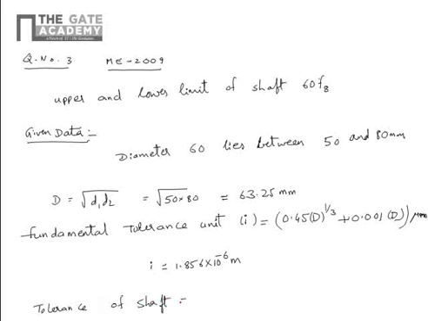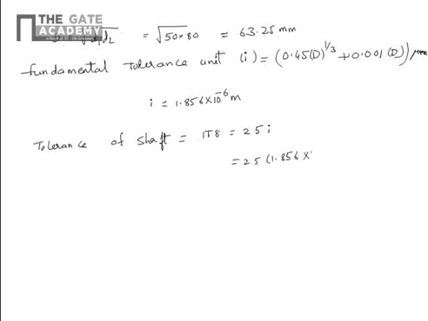So 25 into I value, 1.856 into 10 power minus 6. So you will get the value 46.4 into 10 power minus 6 meters. That is tolerance of shaft.